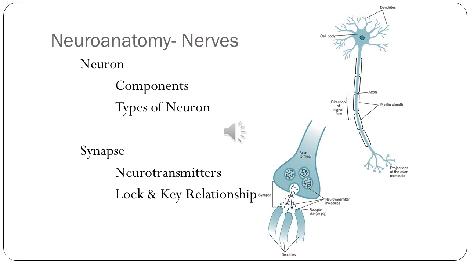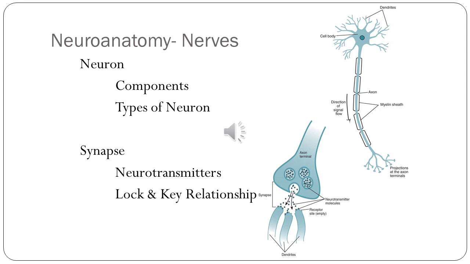The other important structure we're going to look at is the synapse. If you look at the other illustration, the synapse is the junction between two neurons. It's where two neurons communicate via neurotransmitters, which are chemicals that get passed between the axon of the presynaptic neuron and the dendrites of the postsynaptic neuron.